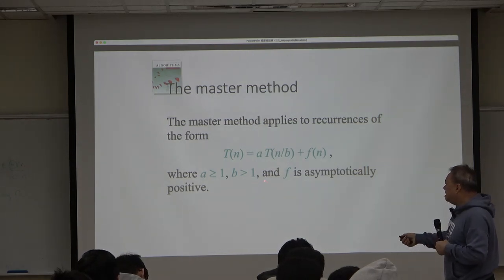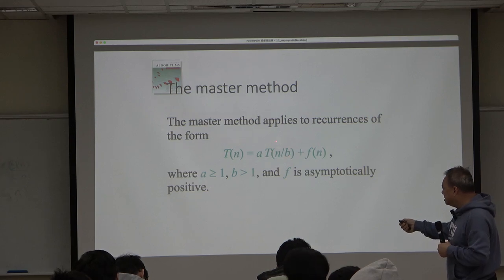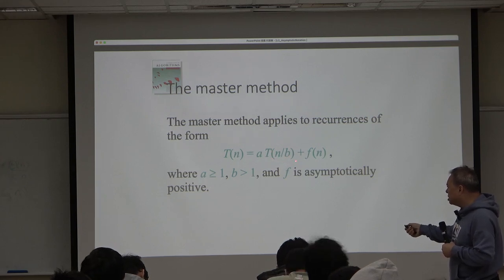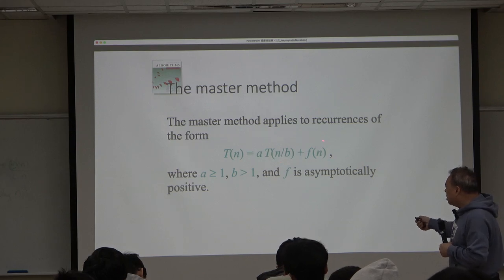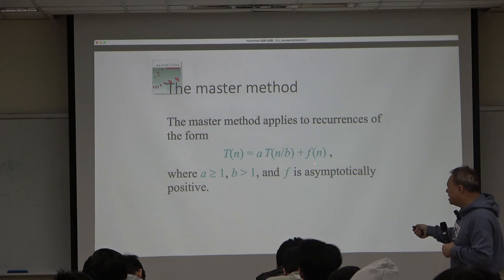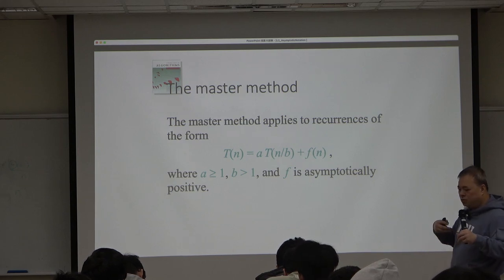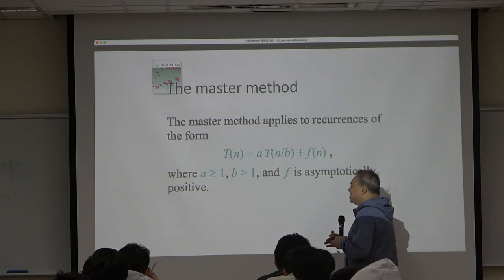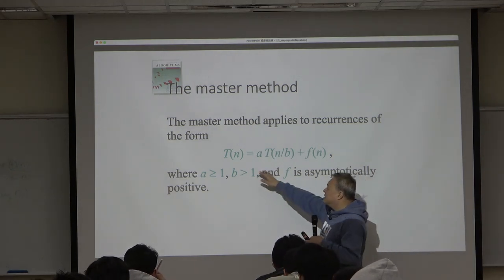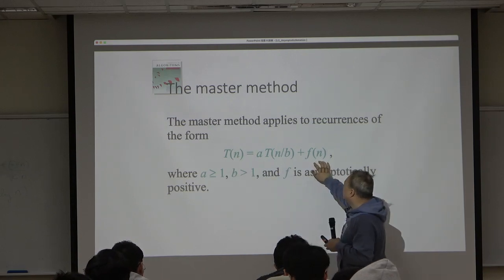And this is the divide part, right? The cost to solve every subproblem, and then the total cost is a times this. You also need the cost to merge them and give the answer for the original problem. So this is f(n), the cost of the merge.